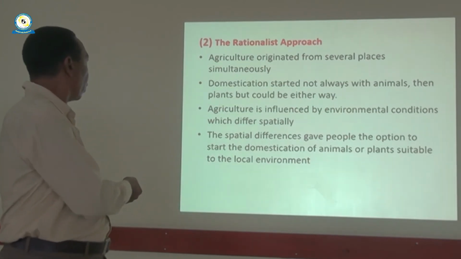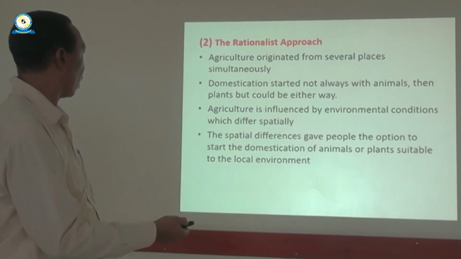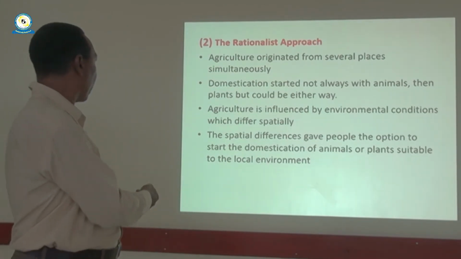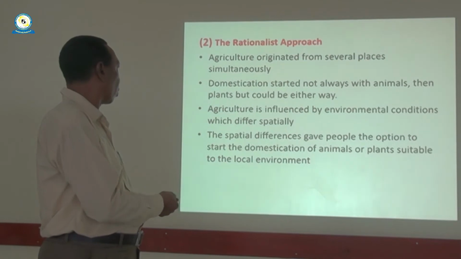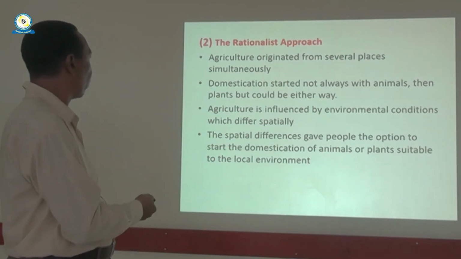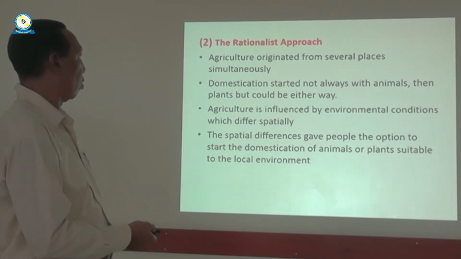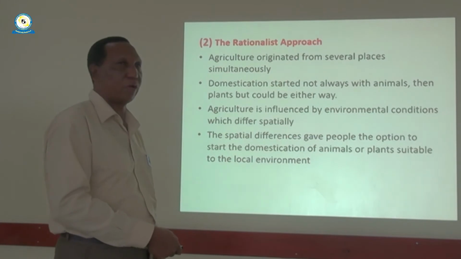So with domestication, it's observed that there is flexibility: you can start with one of them. While agriculture is influenced by environmental conditions which differ spatially, that's okay. The spatial difference gave people the option to start the domestication of animals or plants suitable to the local environment.